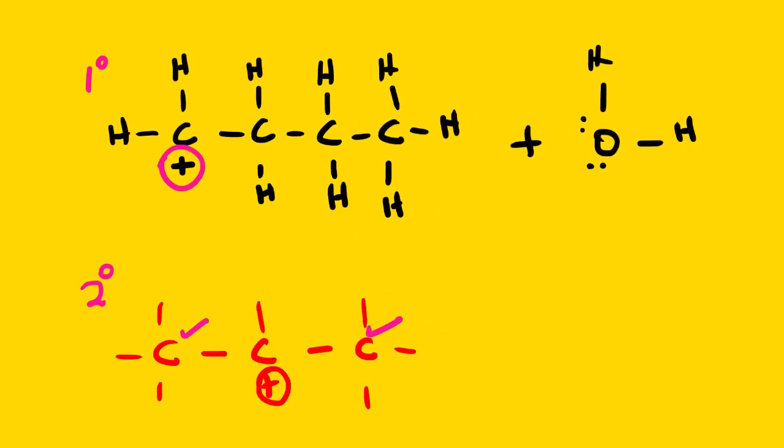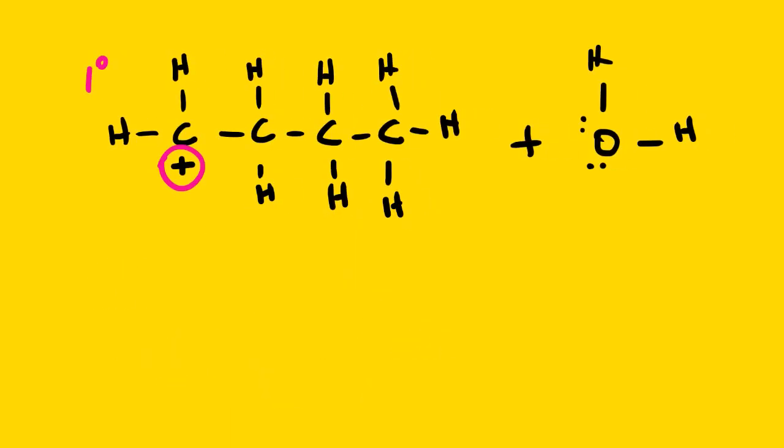So what happens here in our example, this carbocation will try to be more stable, and the only way to be more stable is to become a secondary carbocation, because you can see that there is no way that we can have a tertiary carbocation.